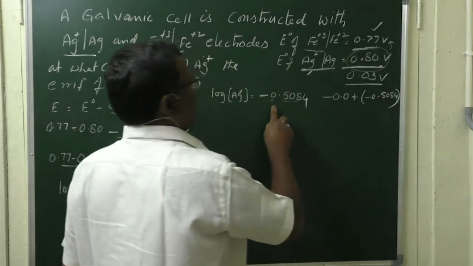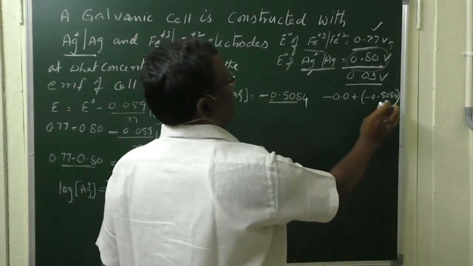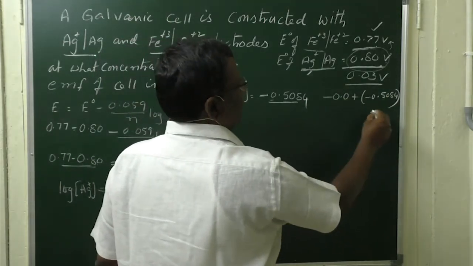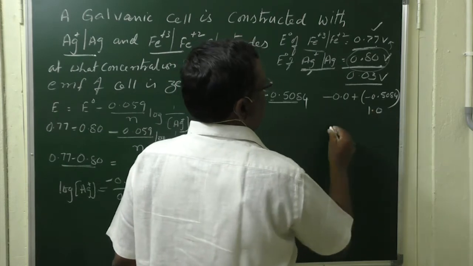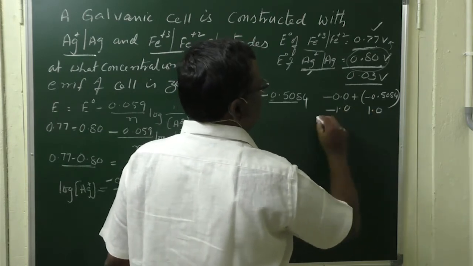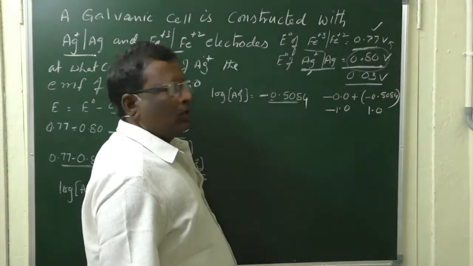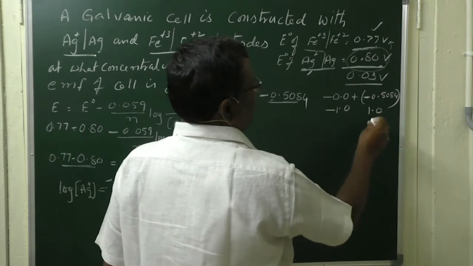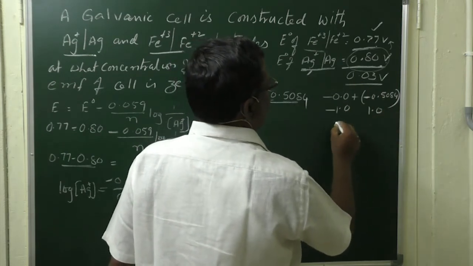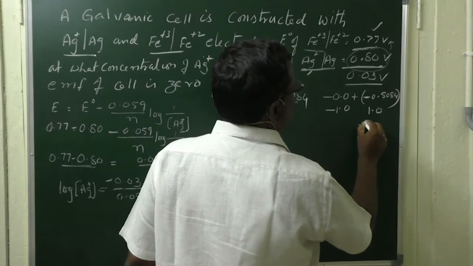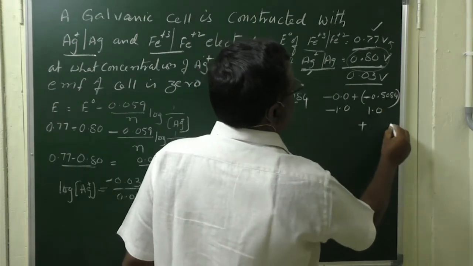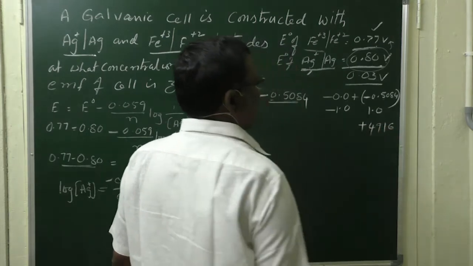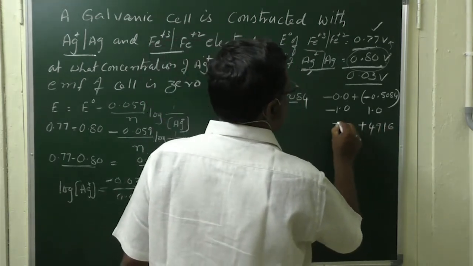Now I am converting this into the form of A plus B. Now if you add 1 here and subtract 1, there will be no change in the value. So if you add plus 1 to this, this will become 0.4916, and this will be minus 1.